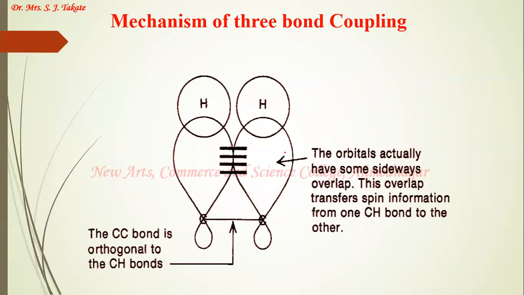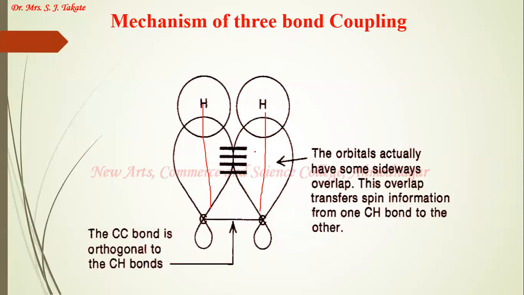We can show this one carbon hydrogen bond, this is the second carbon hydrogen bond, and this is a carbon carbon single bond which is present in between the two carbon hydrogen bonds.